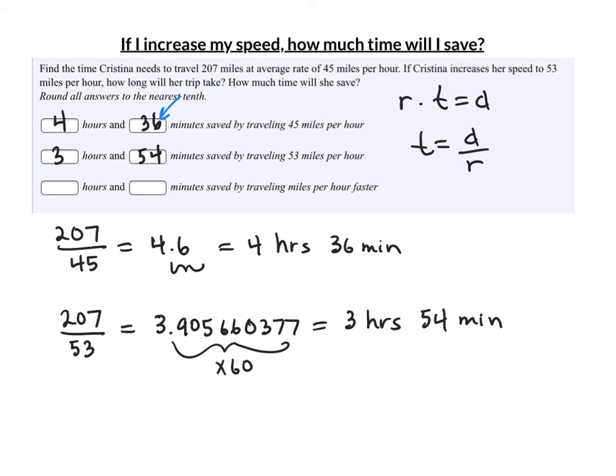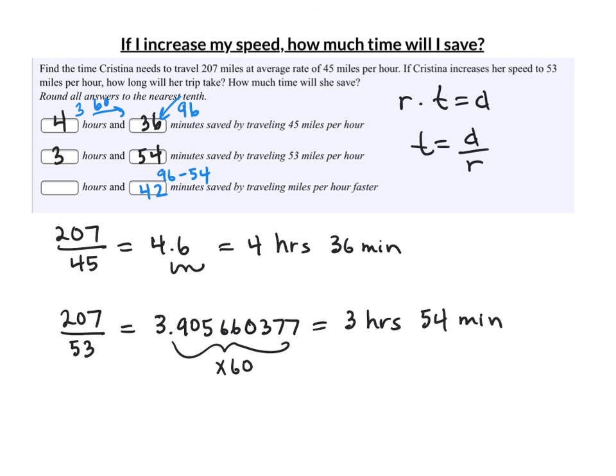But for our purposes, we're going to have to borrow that and turn it into a 3. And we'll borrow 60 minutes. We'll add 60 minutes to 36, and that becomes 96 minutes. Now we're going to take 96 minus 54. 96 minus 54 is 42 minutes.